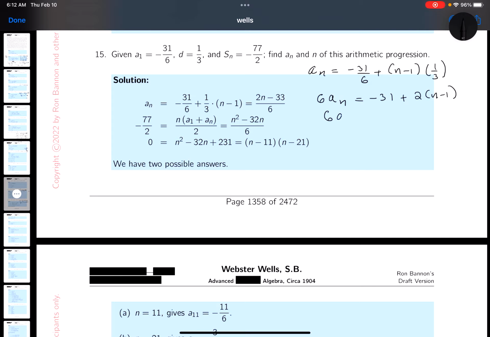So 6AN equals minus 31 plus 2N minus 2. And I get 6AN equals 2N minus 33. All right?